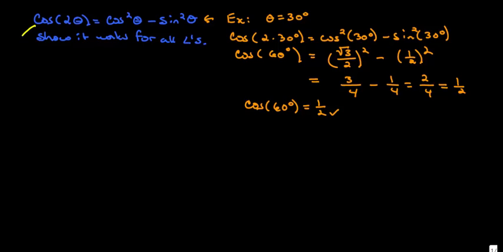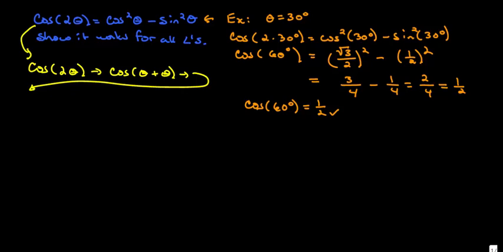I'm going to grab the left side again. I'm going to break this down into this. And actually, let's write that down here. This is the sum of two angles, and we're dealing with cosine.